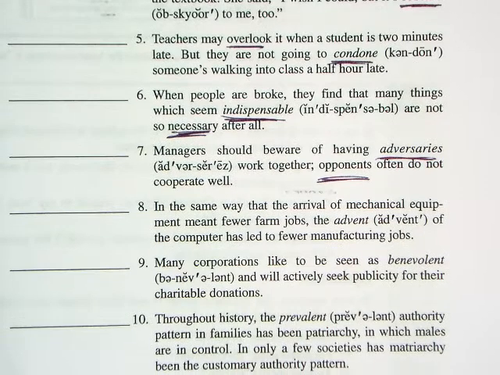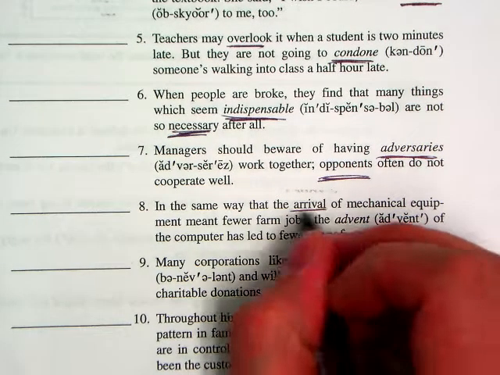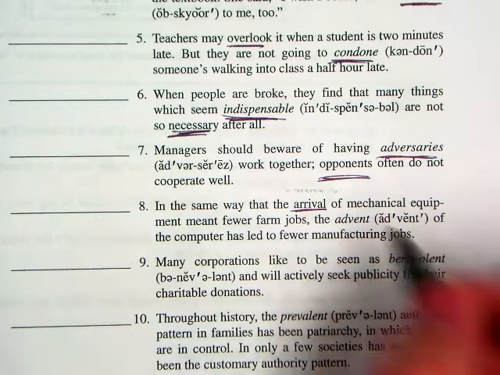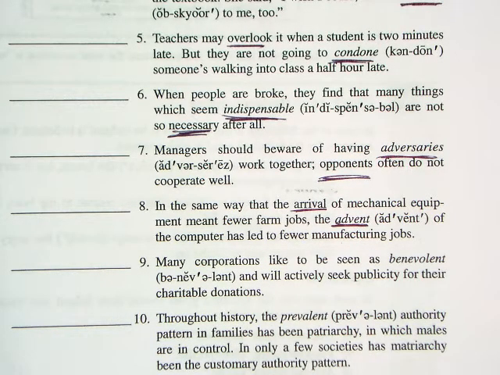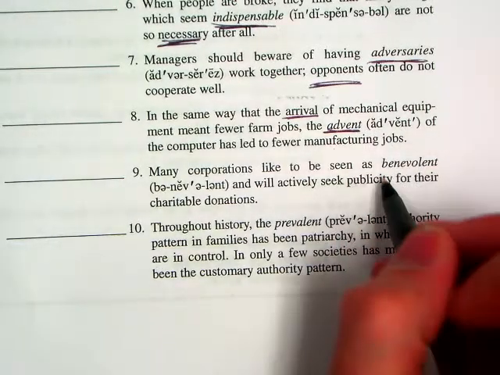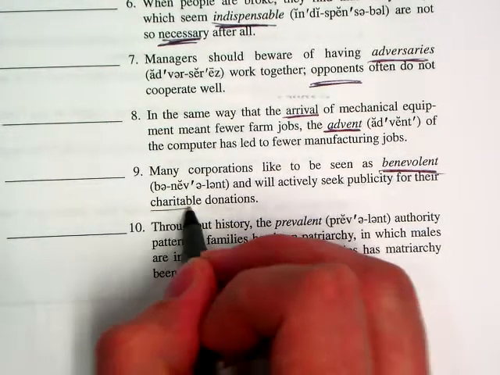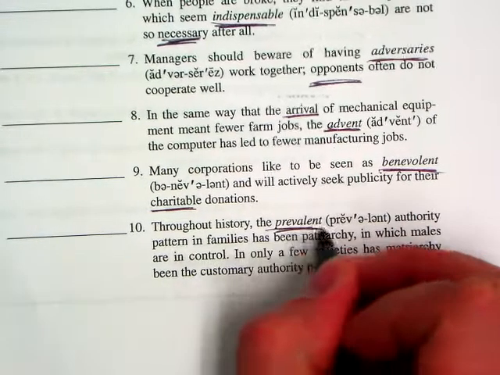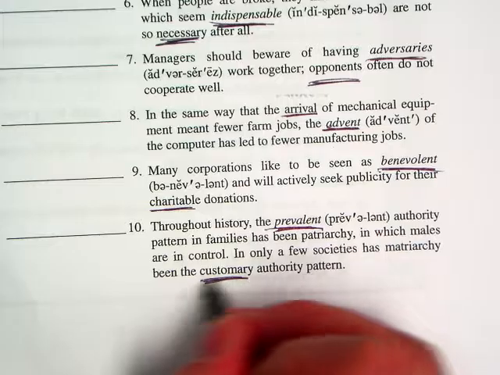Number 8, advent of the computer, or arrival of mechanical equipment. There's some parallel structure going on there. Arrival and advent are synonyms. Number 9, benevolent is a synonym to charitable. Number 10, prevalent is a synonym to customary.